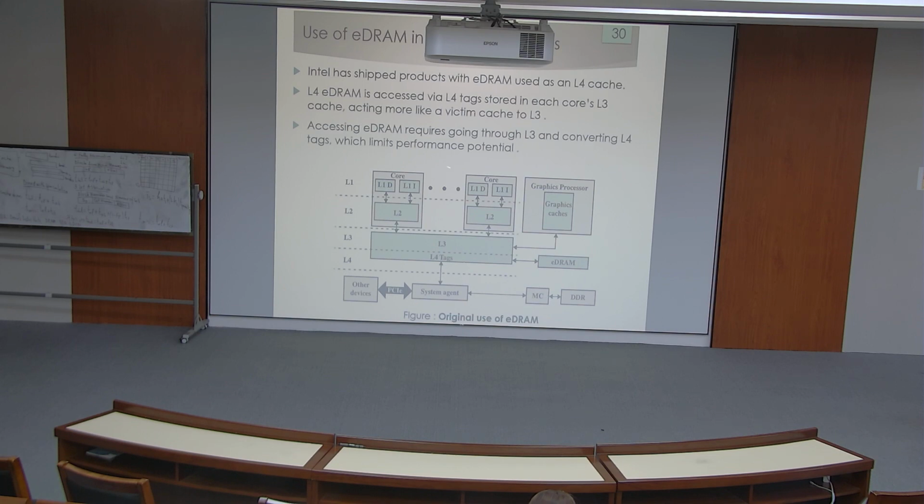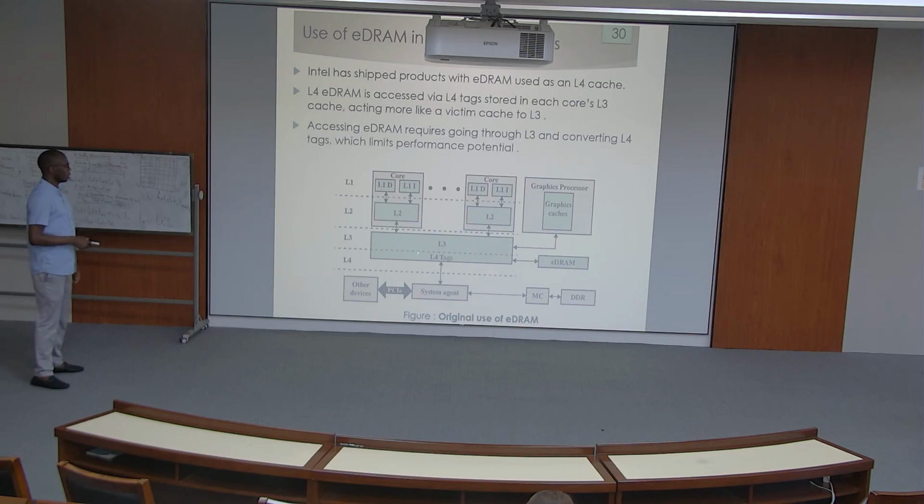Now we have each core which includes level 1 memory for data and level 1 memory for instructions, and we have level 2 cache, and we have the graphics processor and graphics cache.